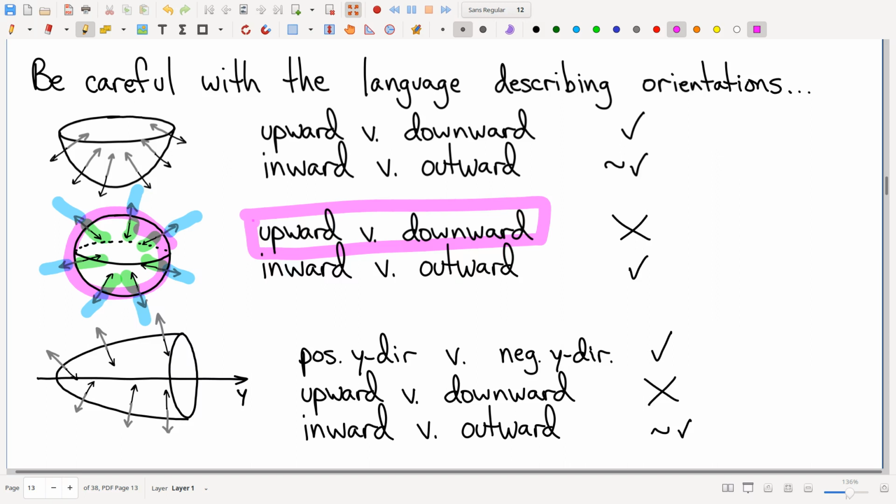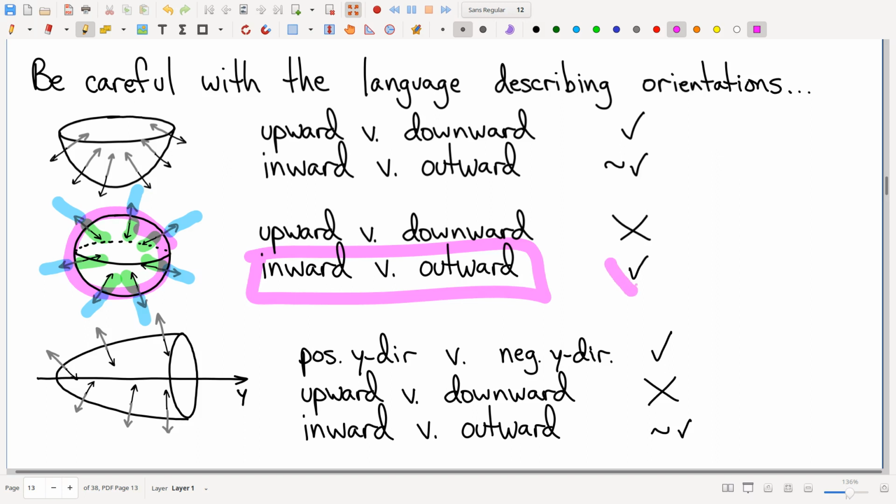You say, wait, this is just not acceptable. These words do not remove the ambiguity, but these words here do. Fine and dandy, right? The green one is inward, actually inward. All of those vectors, right? There is a well-defined inside on this surface, and a well-defined outside, so that's okay.